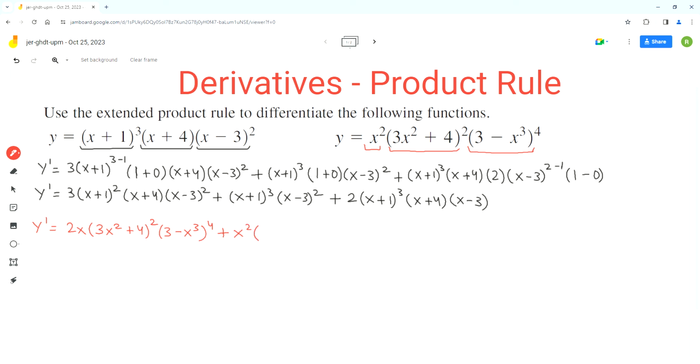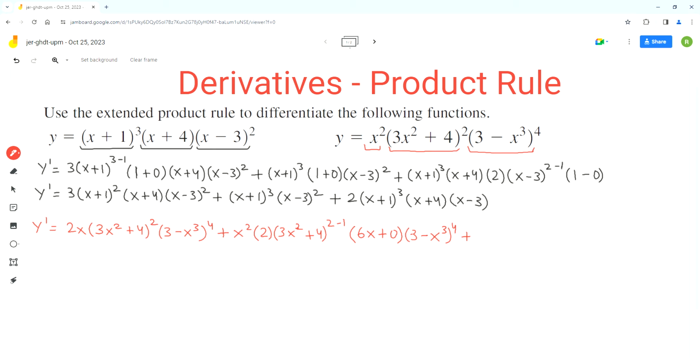We'll use the power rule, so 2 times (3x squared plus 4) with exponent 2 minus 1, and then times the derivative of the inner function, 3x squared plus 4, which will be 6x plus 0, and then times the third function, (3 minus x cubed) exponent 4.